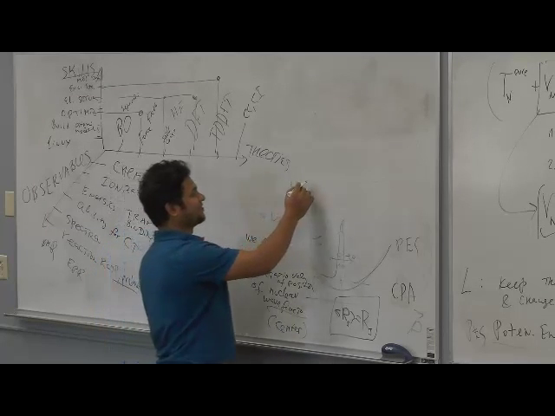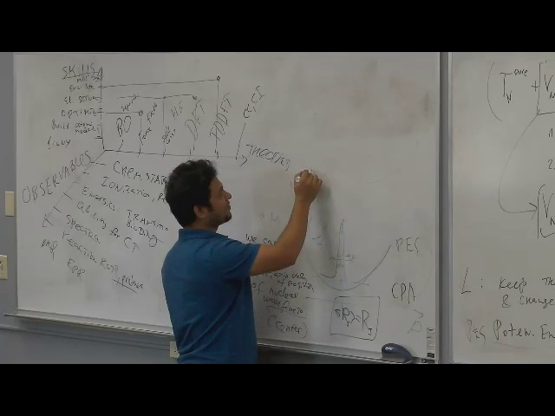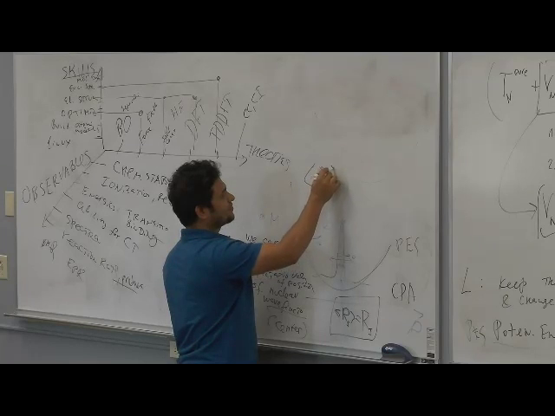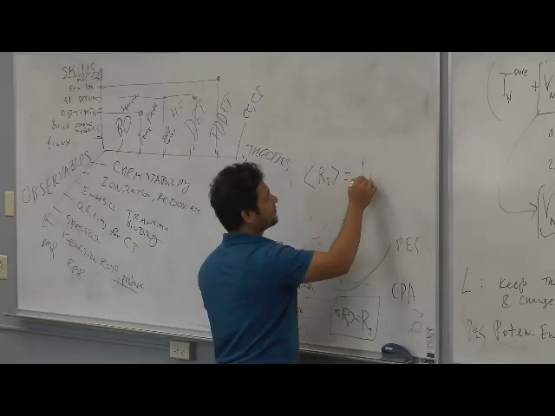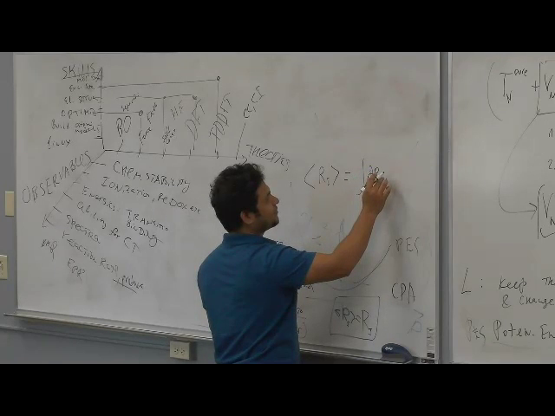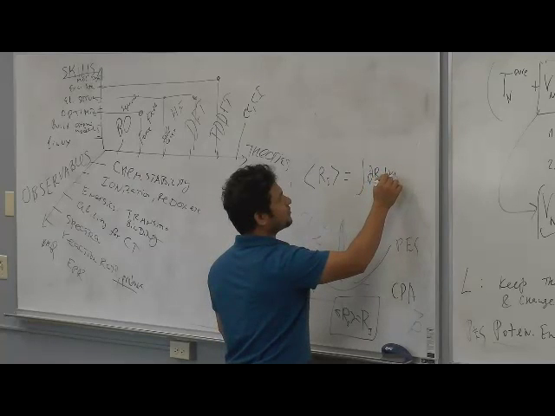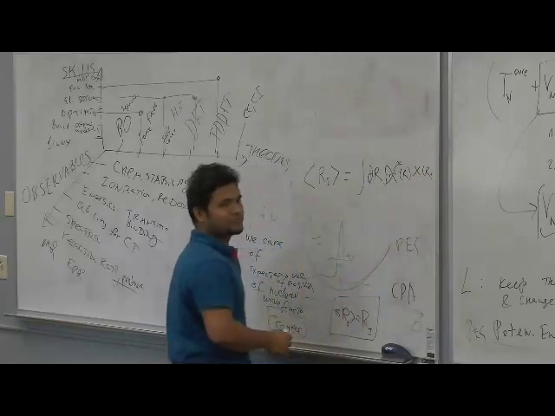So angular brackets, open angular bracket, r capital, close angular bracket, equals integral dr capital, chi star of r, times r, times chi of r.